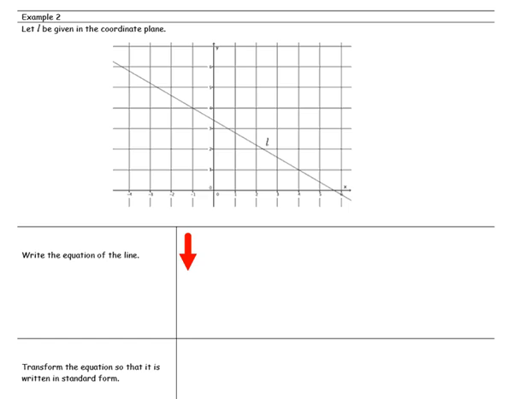Example 2. Let L be the line given on the coordinate plane. Write the equation of the line. So notice again that our y-intercept will need to be calculated, and we'll use two integer coordinates to calculate our slope. We could use the rise and the run, but we want to practice using two coordinates today.